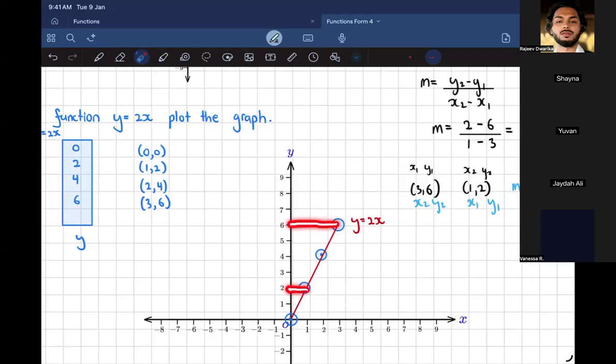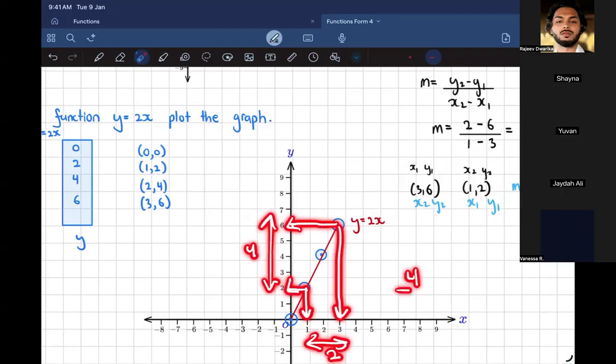See that? Yeah. So we have 2 and 6. What's the change from 2 to 6? 4. 4, right? The x value here is 1, and the x value here is 3. What's the change between 1 and 3? Yeah. 2. So the change in y is 4, and the change in x is 2.